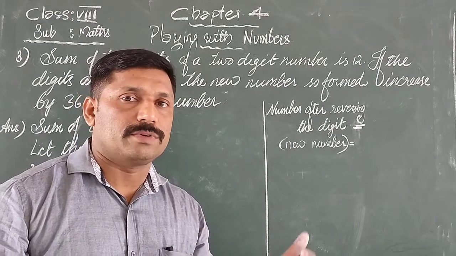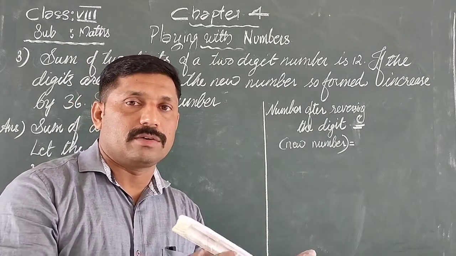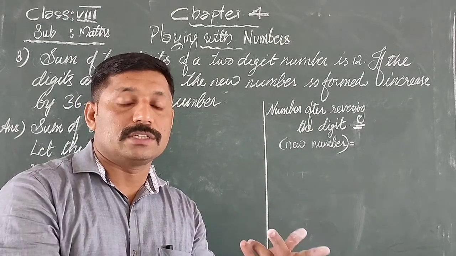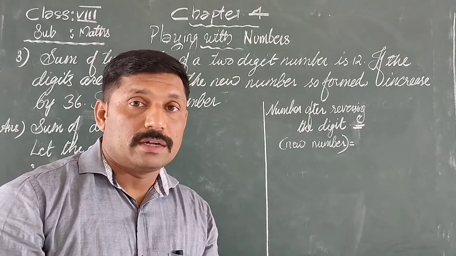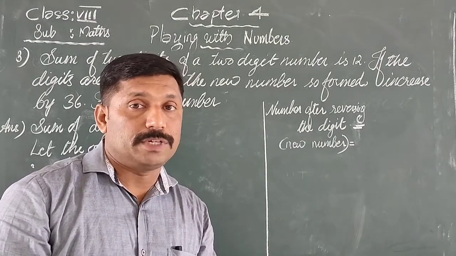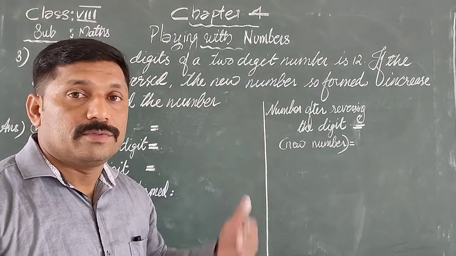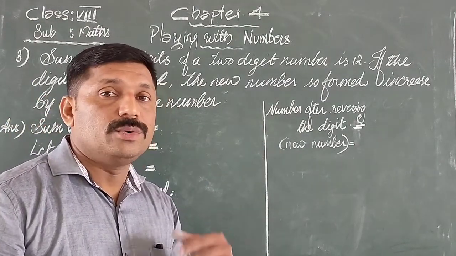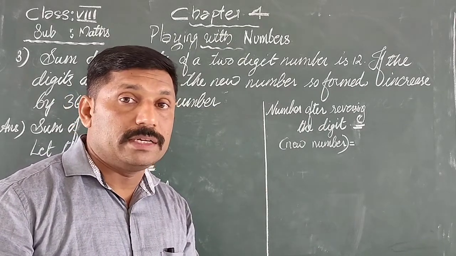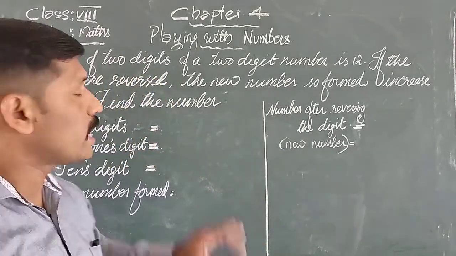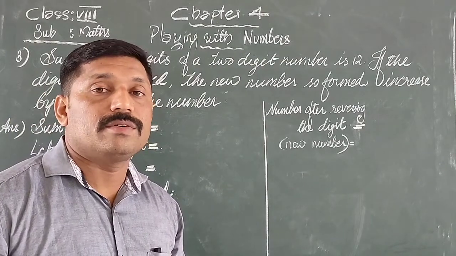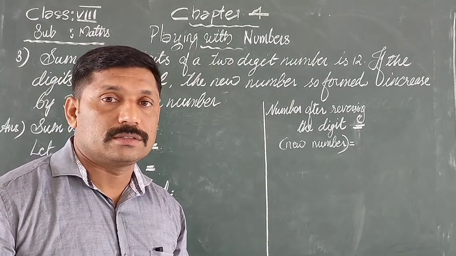Suppose if we reverse 15, it will change to 51. That 51 is more than 15. So here also, when a 2-digit number is reversed, the new number that is formed is 36 more than the original number. Then which number is that?